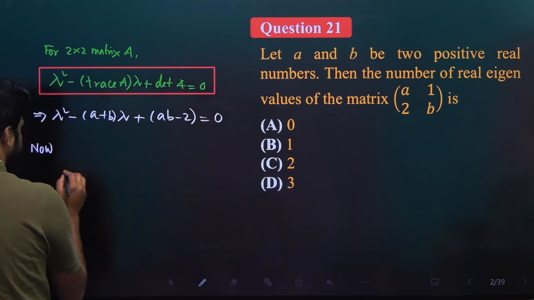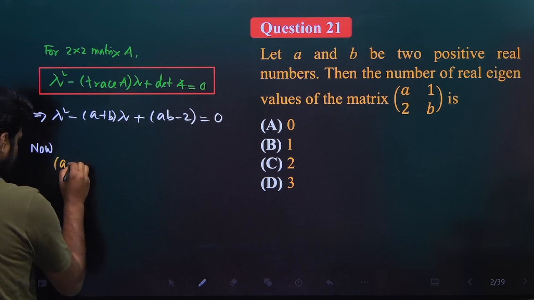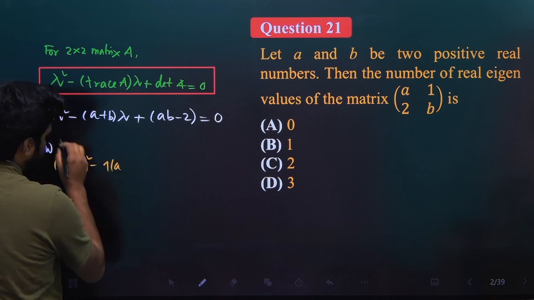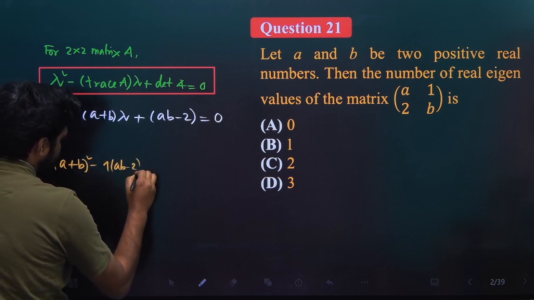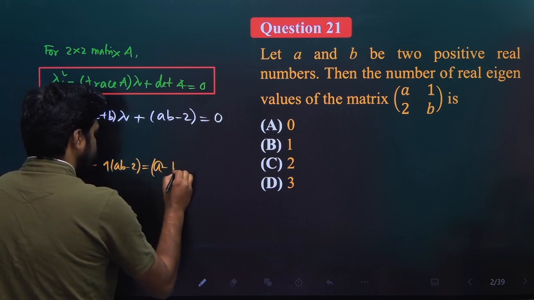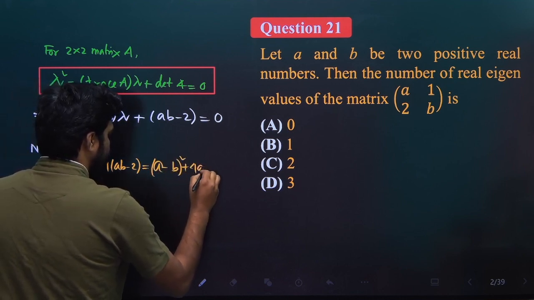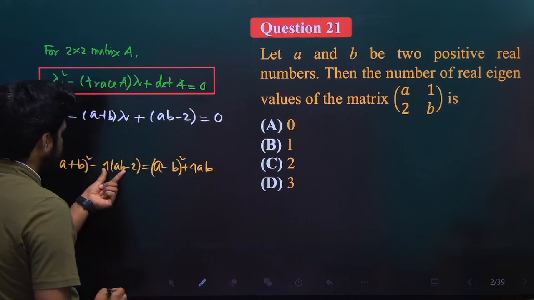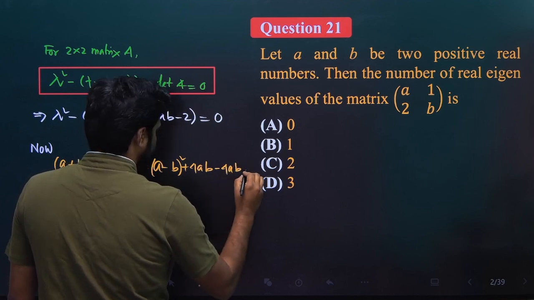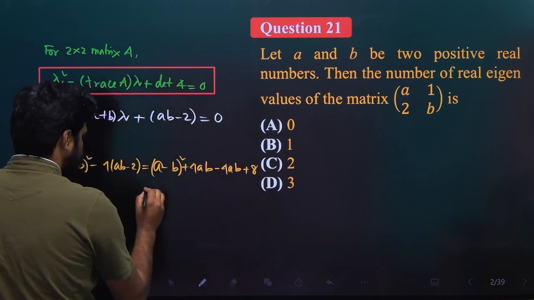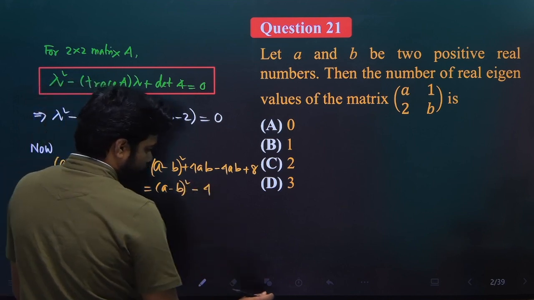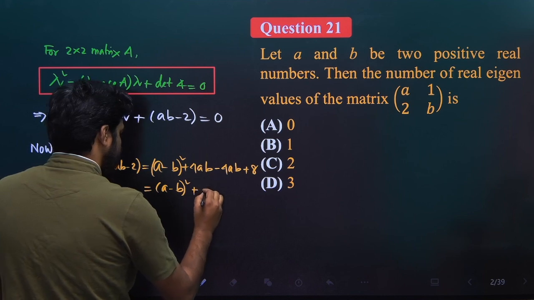That is (a plus b) square minus 4 times (ab minus 2). So (a plus b) square can be written as (a minus b) square plus 4ab, right? Just multiply this, so minus 4ab plus 8, so plus 4ab minus 4ab cancel, so we get (a minus b) square plus 8, right?